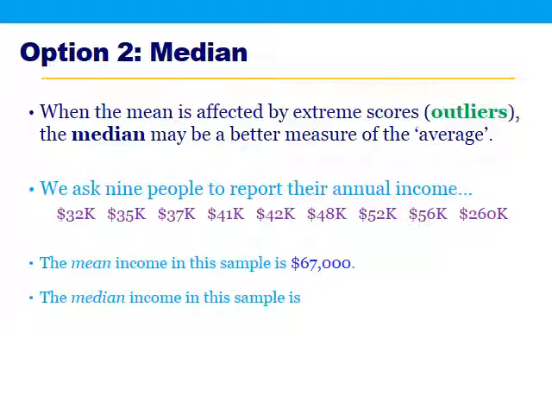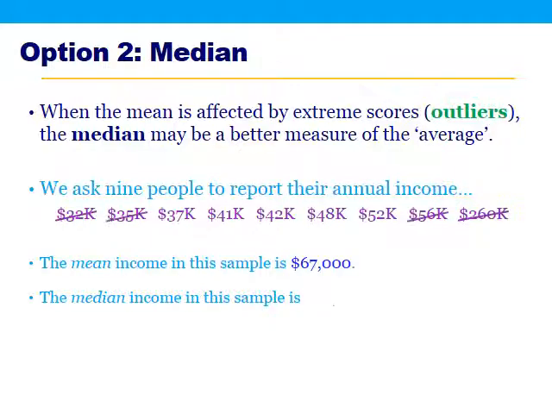So how are we going to do that? Anytime we calculate the median, the first thing we need to do is take all of the scores from each person in our sample and line them up from smallest to largest, which I've already done for you on the slide here. Then, to find the score that falls right smack in the middle, we're going to cross out the highest score and we're going to cross out the lowest score.